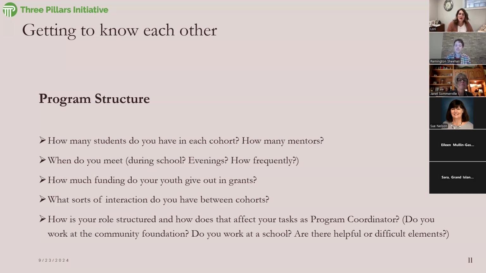Our group is based at a community foundation too, not through the school. I feel the difficult part of that is having to work with their school schedules and their outside activities, and we're such a small community.